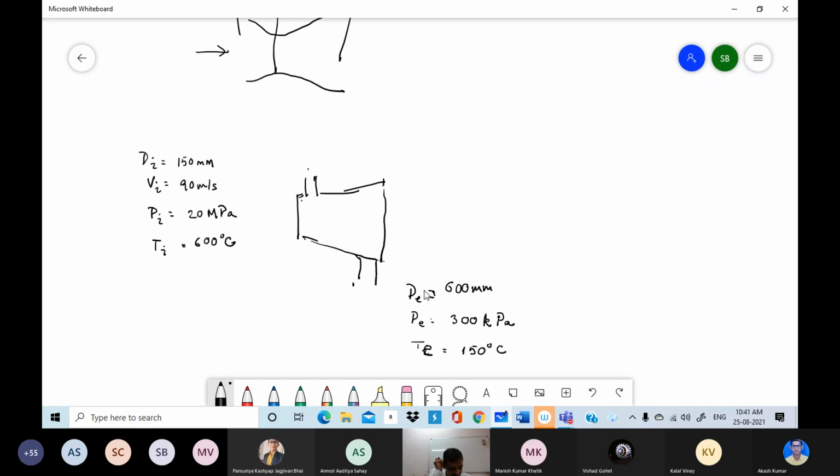The first question it asks is, what is the inlet steam density? That is the question we had also raised, that we know the pressure, we know the temperature, how do we know the density?